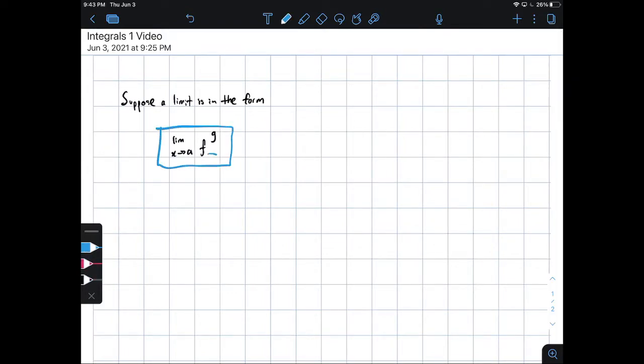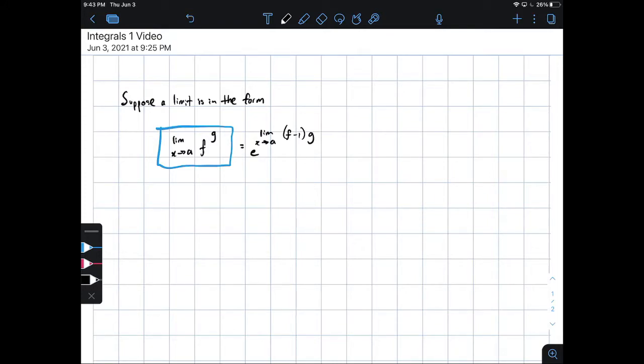Obviously, we have a function f and our function g. We don't necessarily need to analyze the domain or range. Then we can say this is equal to e to the limit as x approaches a, f minus 1 times g.